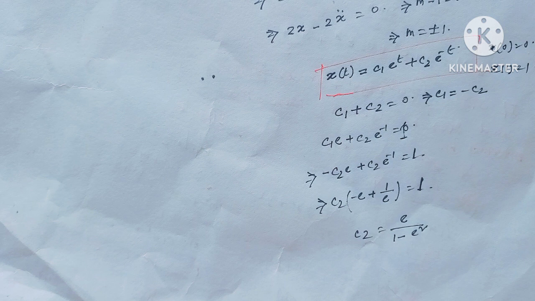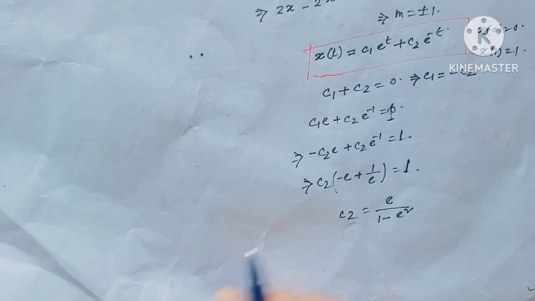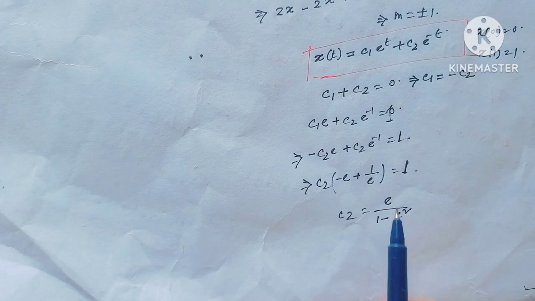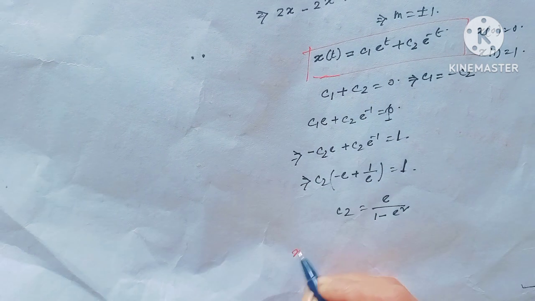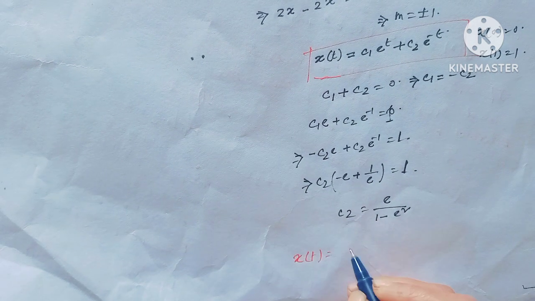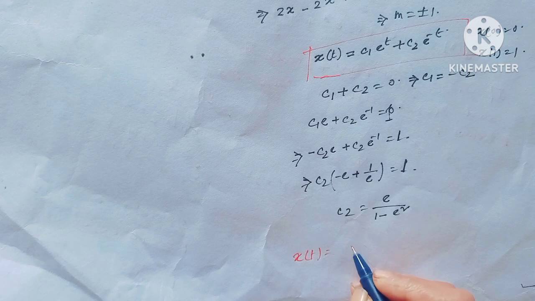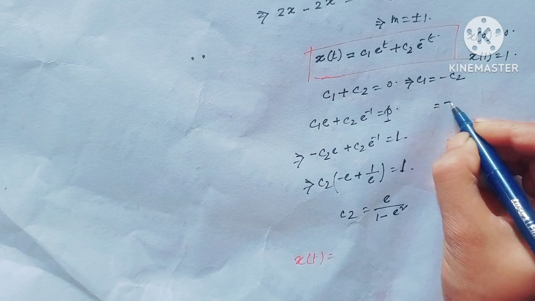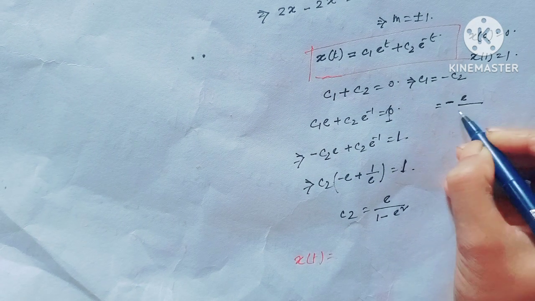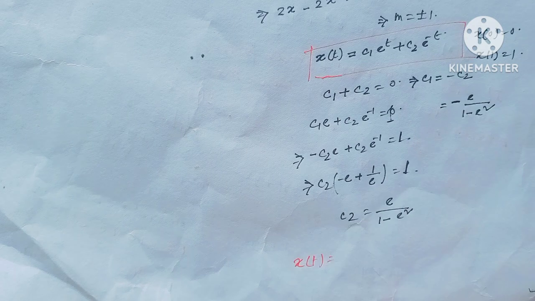Okay, therefore just put the values of c1 and c2 in this equation. Here c1 equal to minus c2, so c1 would be e over e squared minus 1.